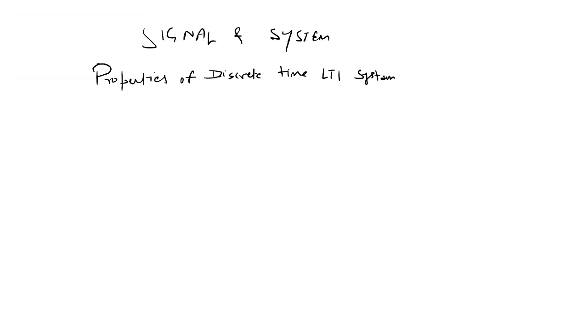The very first property of discrete time LTI system is system with or without memory.